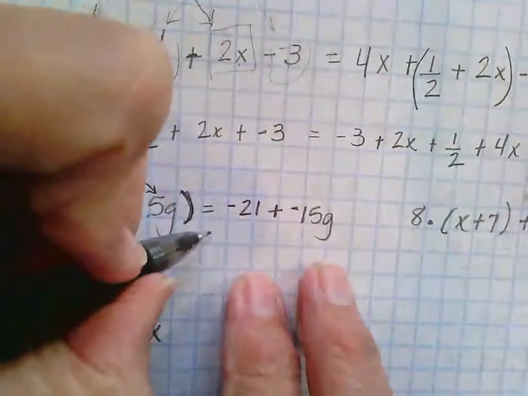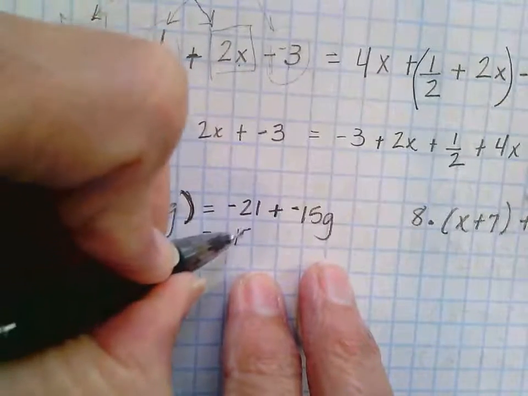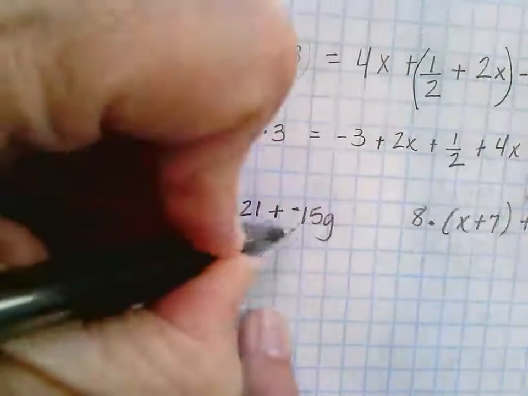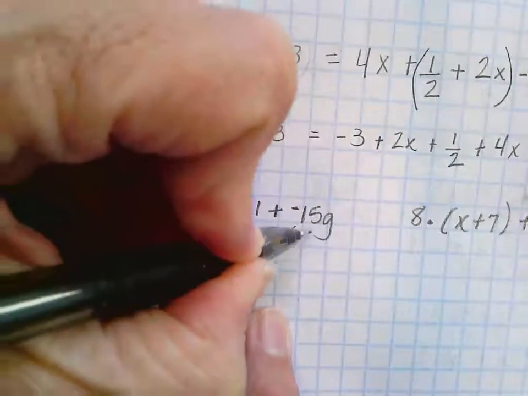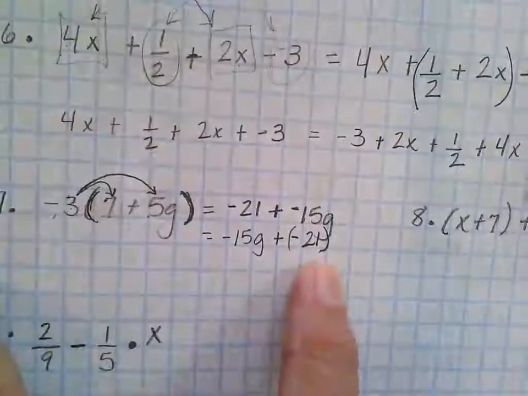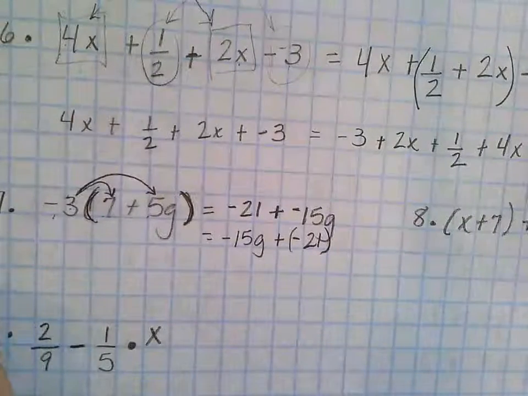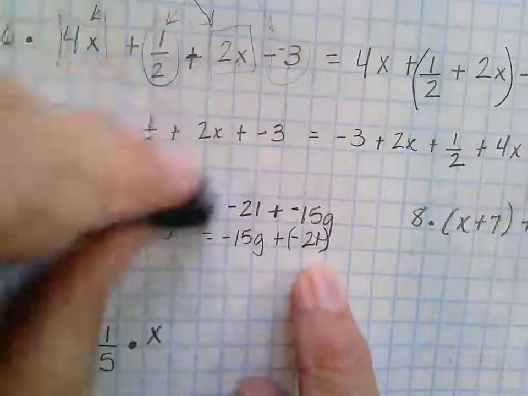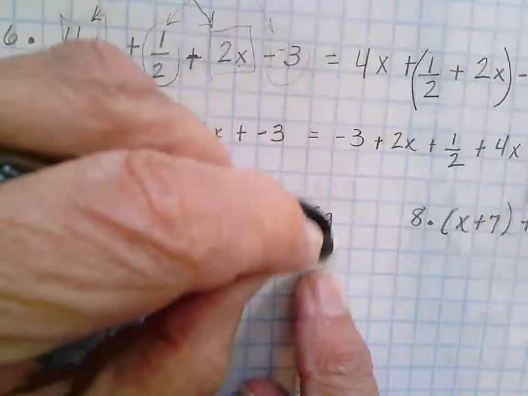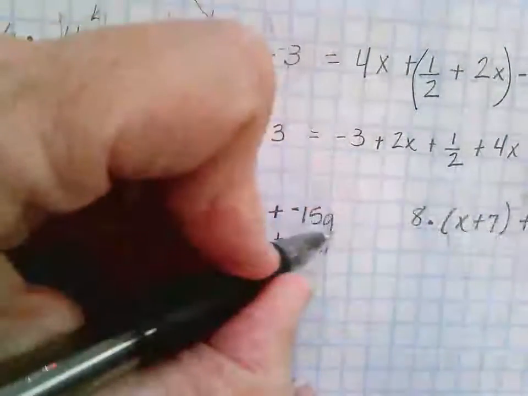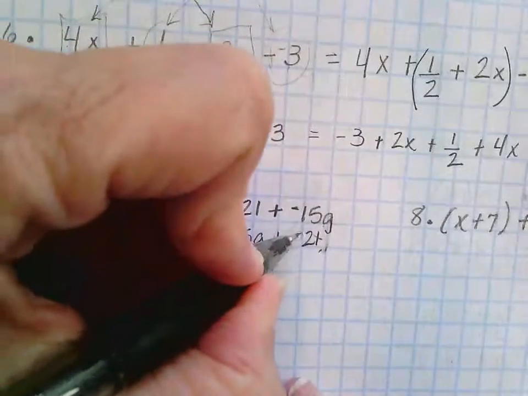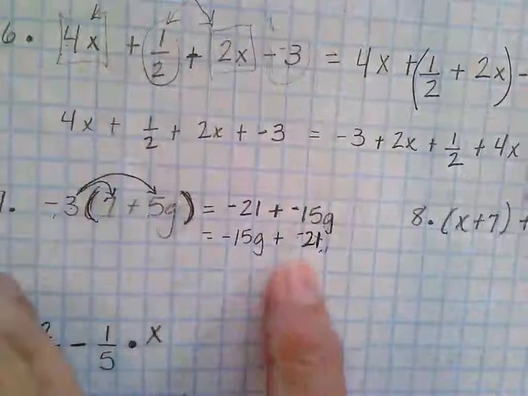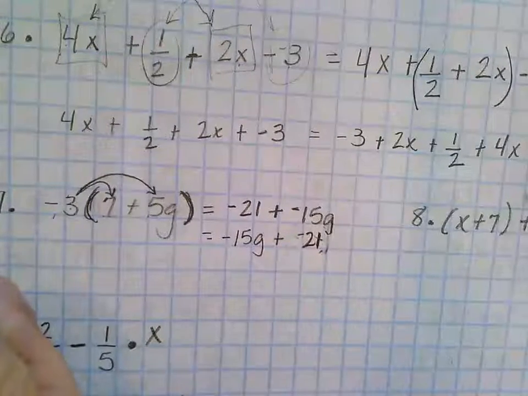If you wrote -15g plus a -21, that would work as well. The only reason I have parentheses right there is to show that this sign goes with this number. If you don't want to use parentheses for that, then put your negative sign right up close to that -21. It's usually raised up a little bit.